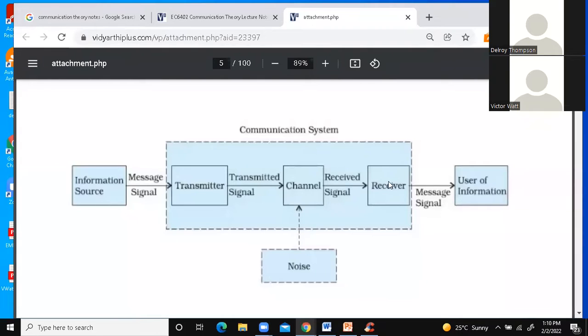And the receiver now will convert that signal back into some other signal that we can use. Right? This might come in as an electronic signal and it converts it back to a sound, data, or video.